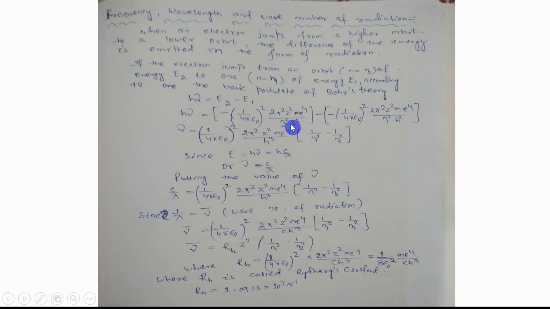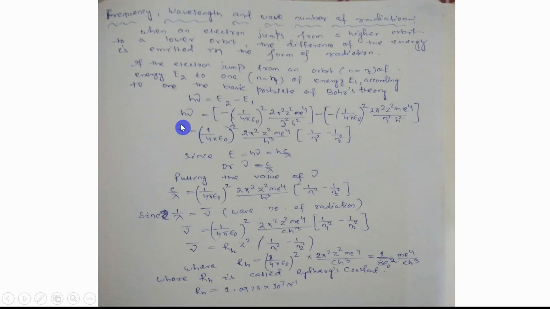Here one thing changes: for energy level E2 the number of the orbit is n2, so here is n2 square, and here the orbit is n1 possessing energy E1. So this minus minus will become plus, and this is subtracting one from the other. So here h should be divided on the right side.